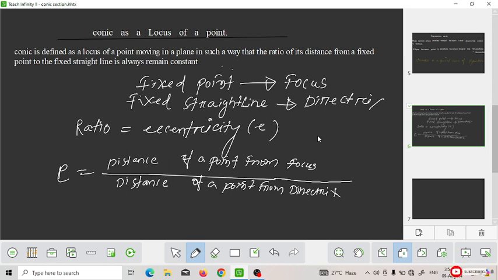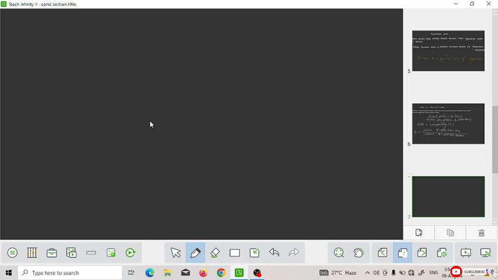Let us understand what is the distance from the focus and what is the distance from the directrix. In the next slide, just see with the help of a diagram.